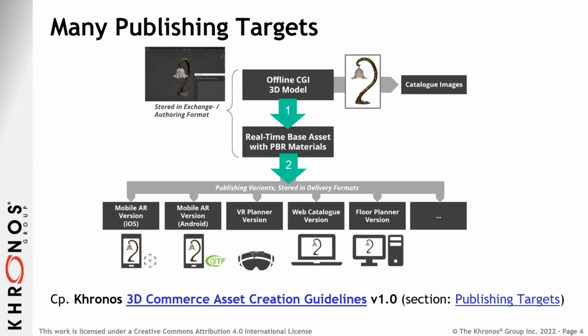If you have that offline model, the first step that we have to look at is how can I get a real-time asset that might be too large, but that is something like the ground truth representation, ideally already in a format like glTF that I can then use for all further steps downstream and create these different optimized versions from that real-time base asset with PBR materials, right? So we're going to focus pretty much on that second part here.